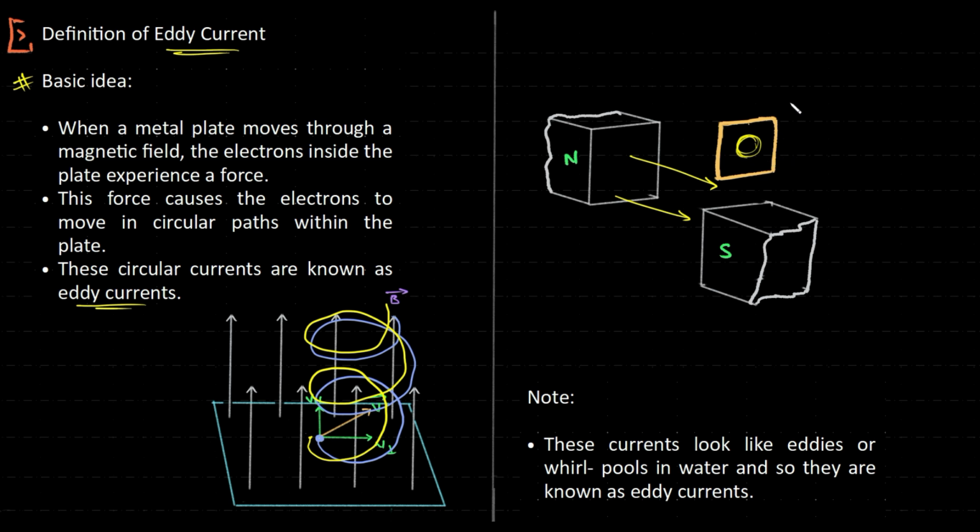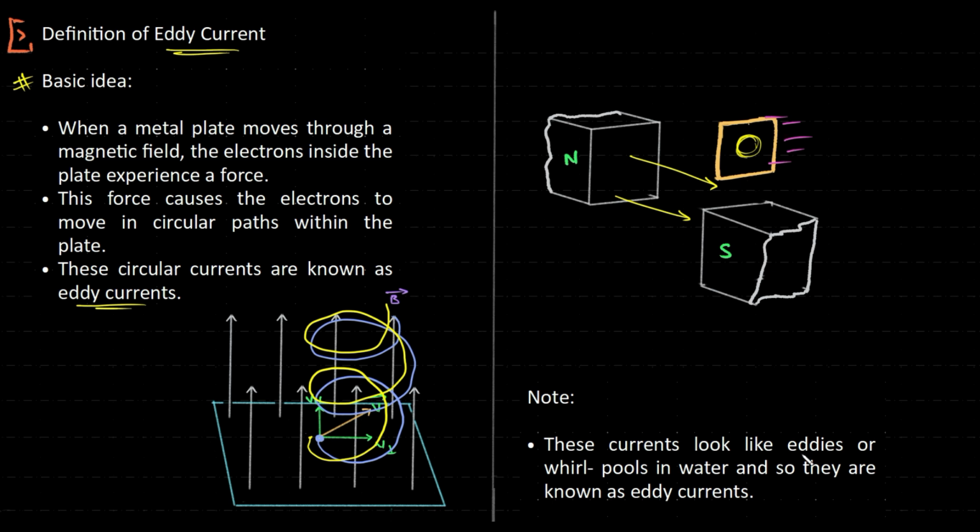For now, you guys know that as and when it moves in, it will gain some current in it, right? Some work is done, so that work is converted to this.